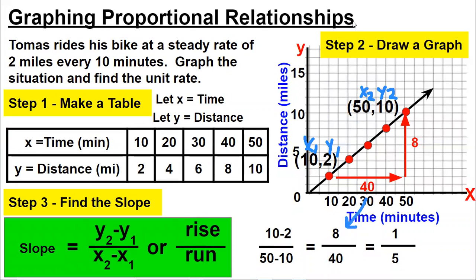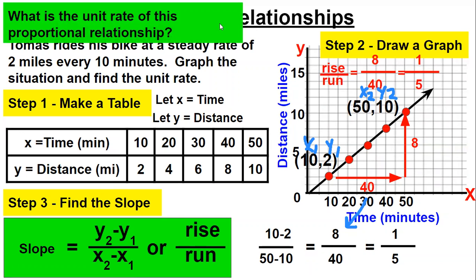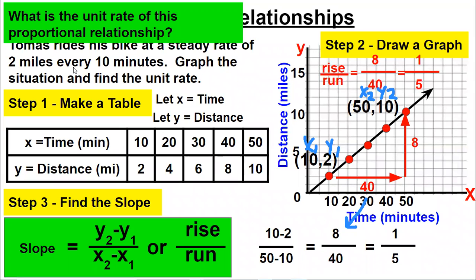And notice that the formula is actually the same thing, isn't it? It's counting the rise and the run units. Okay, then we put rise over run, 8 over 40, reduce, 1/5. That's the same thing.